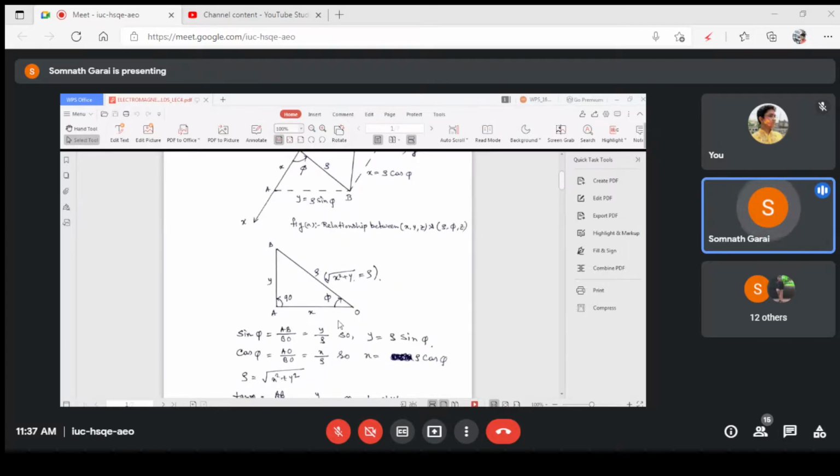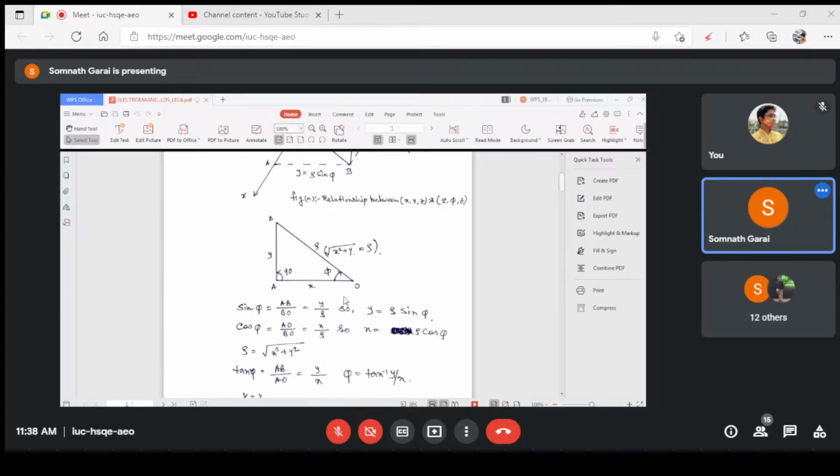Now this triangle is a right angle triangle. Now we determine the relationship. AOB is the phi angle, so sine phi equals perpendicular by hypotenuse, that means AB by BO.